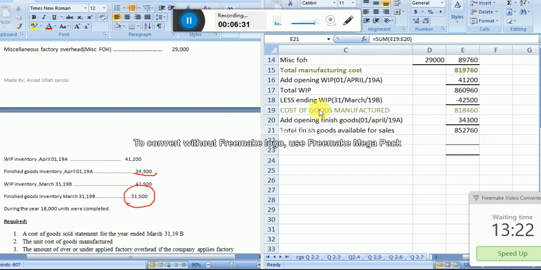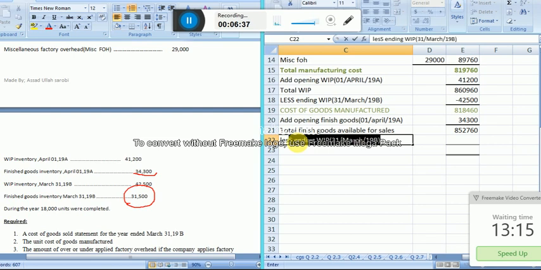So I will now subtract these remaining finished goods. So less ending finished goods, meaning on 31st March 19B.